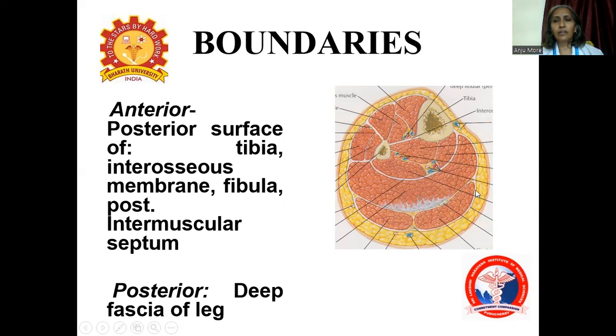Here we can see the deep fascia of leg forming the sleeve, which is containing all the contents of the compartment within. So the contents are the brown colored muscles, blood vessels, arteries and veins, nerves, and these muscles are also separated from each other by intermuscular fascia, as well as there is another deep fascia which divides the posterior compartment of leg into a superficial part and a deep part.